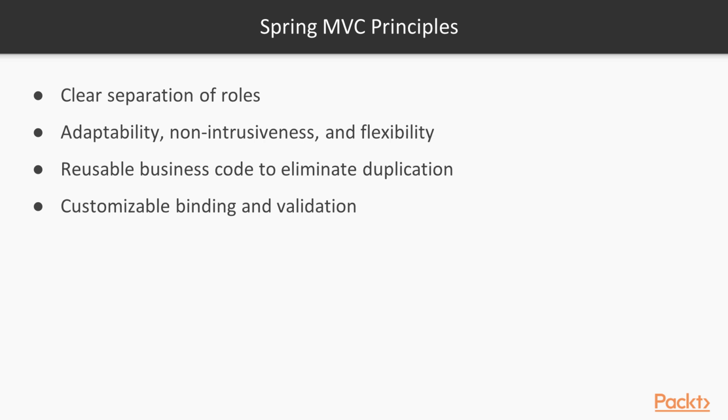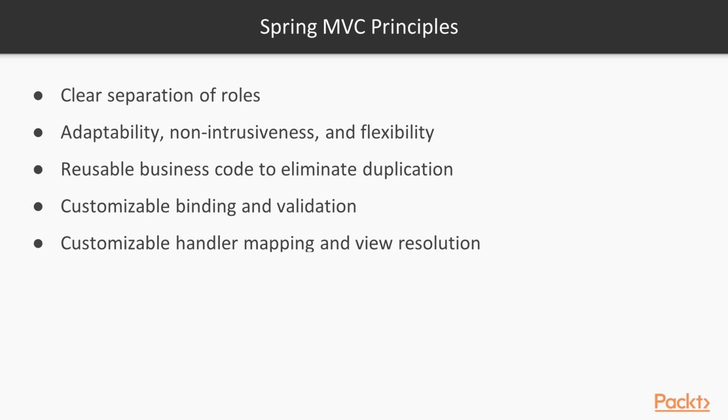One more principle stands for customizable binding and validation. Type mismatches are treated as application-level validation errors that keep the offending value, with localized date and number binding, and so on, instead of string-only form objects with manual parsing and conversion to business objects.